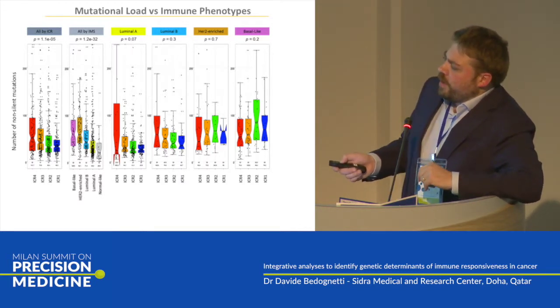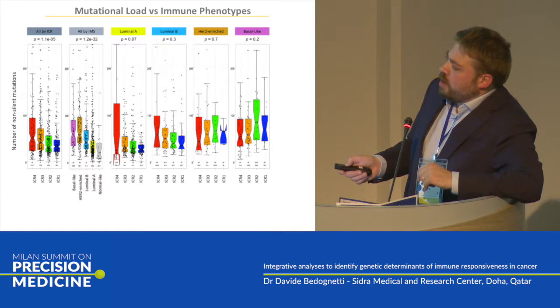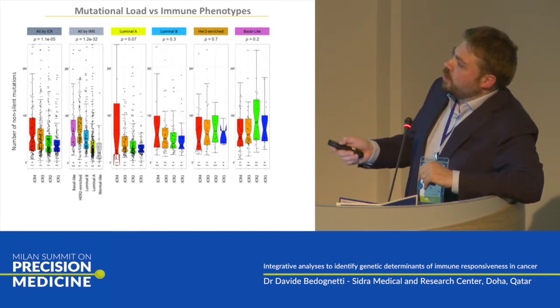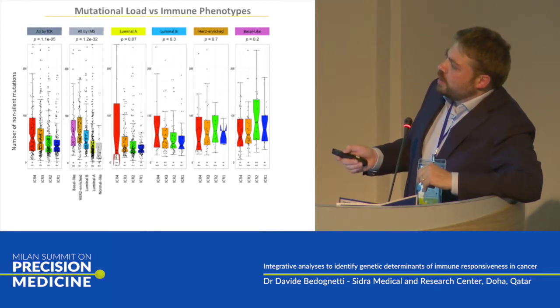Although the degree of variation was quite high, there is a strong proportion of tumors that have a low level of mutation but that are inflamed, and a relatively high level of mutation that are not inflamed.